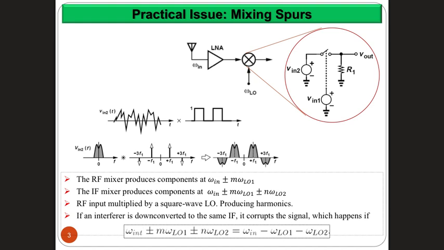So that's something just to keep in mind. We are not going to use it now, but it's going to come later in the discussion, not today. Okay? In general, two things. Mixers are producing harmonics. We call them mixing spurs, which happen due to the design of mixers.